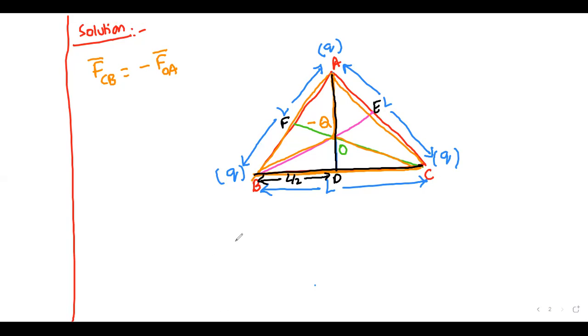Since it is an equilateral triangle, each angle is 60 degrees. Here it is 90, so obviously here it will be 60. Now I want to find this value BO, similarly CO and AO. So here it is also 30.